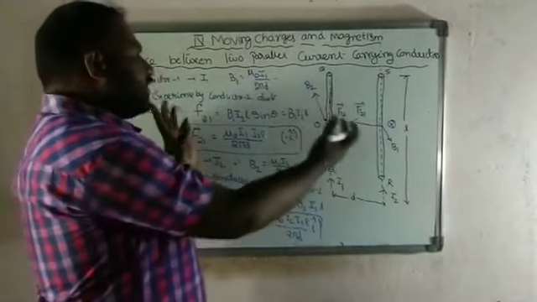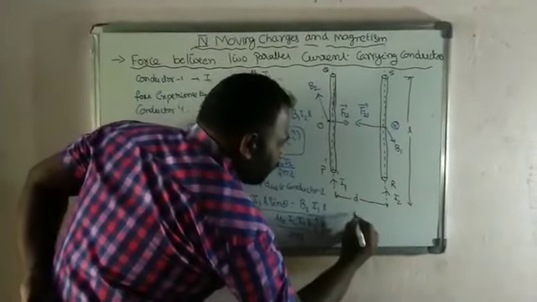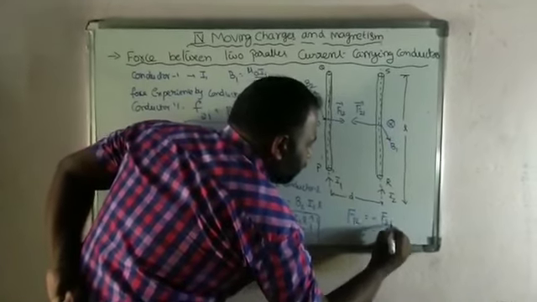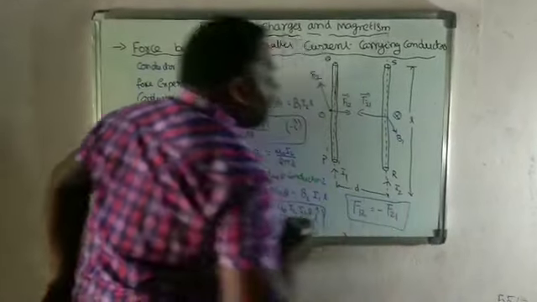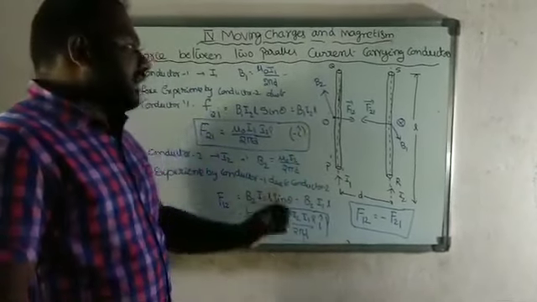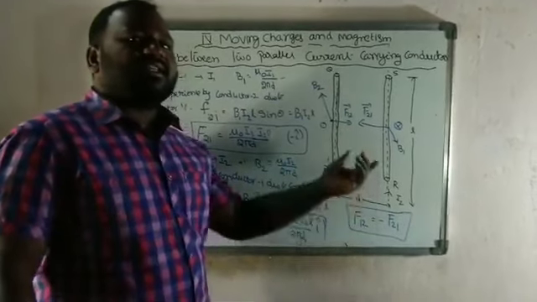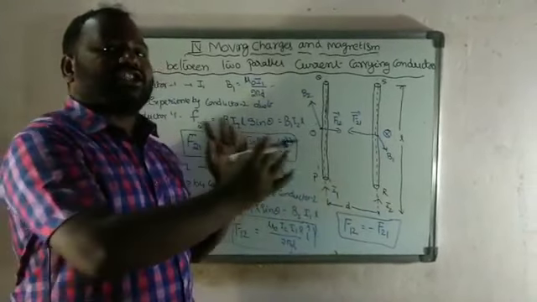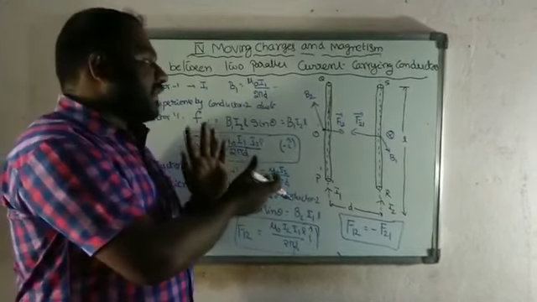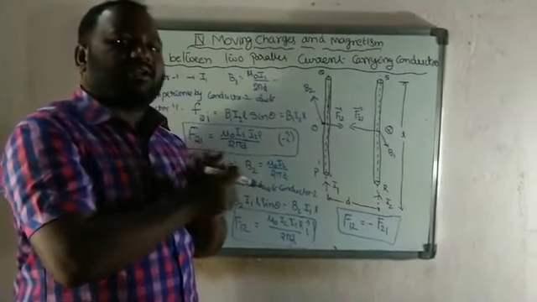These two forces are acting in opposite directions. So we write F12 is equal to minus F21. So this is the force between two parallel current carrying conductors, and two equal and opposite forces are acting here. This force is called the attraction force. Whenever the current in the conductors is flowing in the same direction, the force between the two conductors is known as the attraction force.